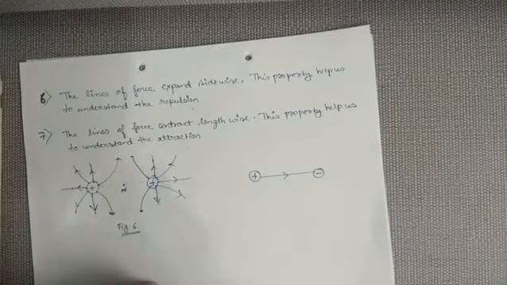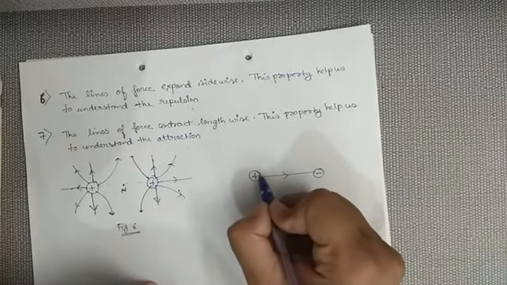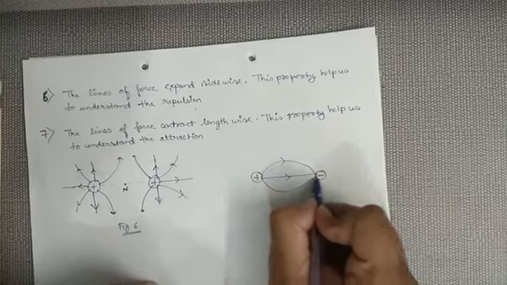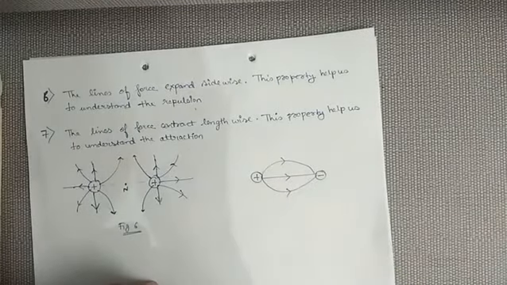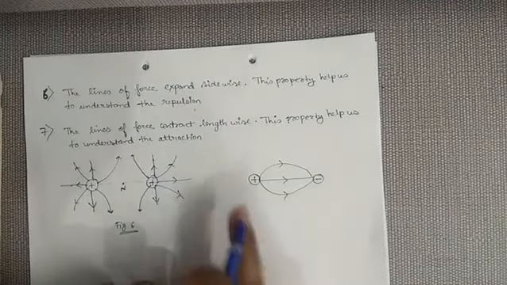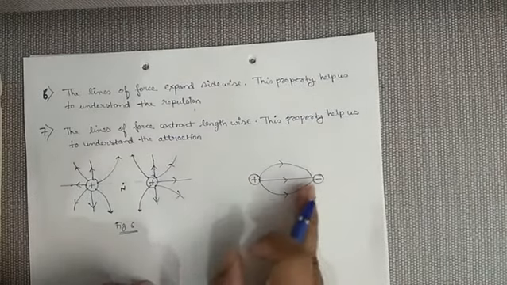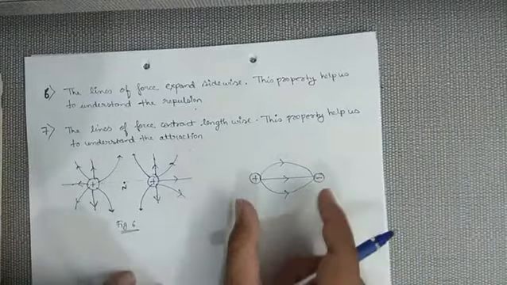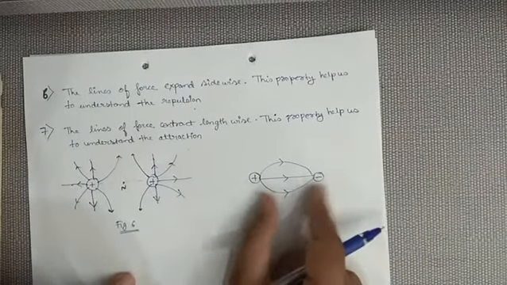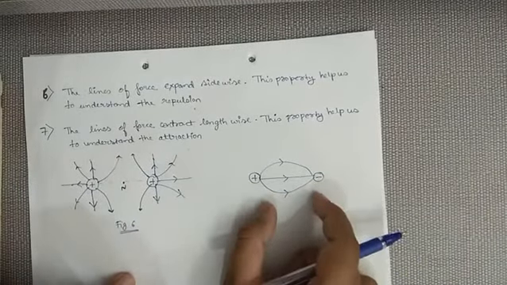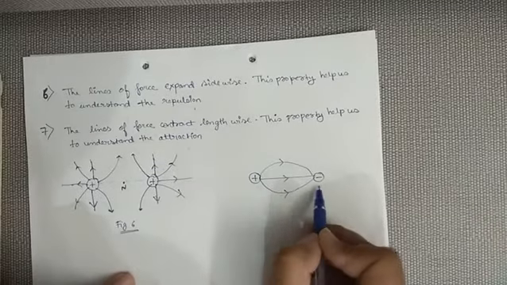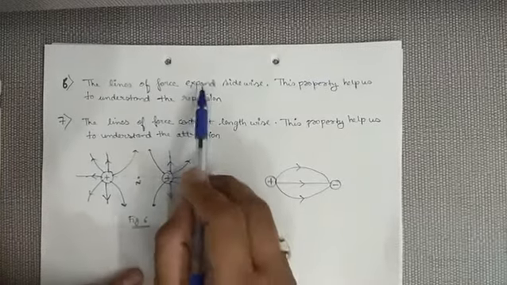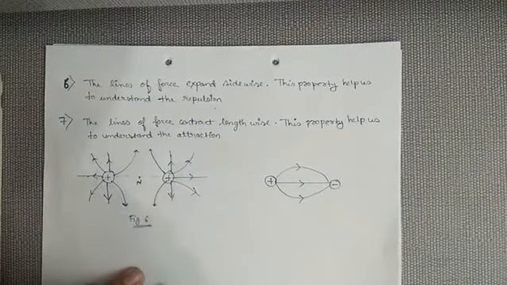But while moving from positive to negative, these electric field lines try to contract in the lengthwise direction, and on contracting, both of these charges will come closer to each other, which shows that opposite charges attract each other and similar charges repel each other because of expansion and contraction of electric field lines.